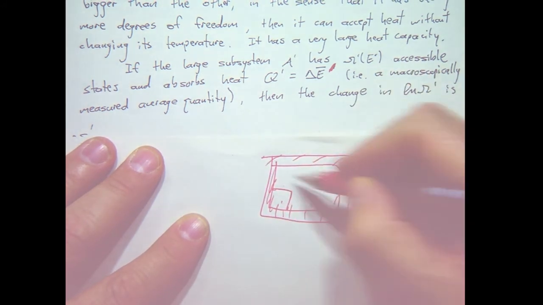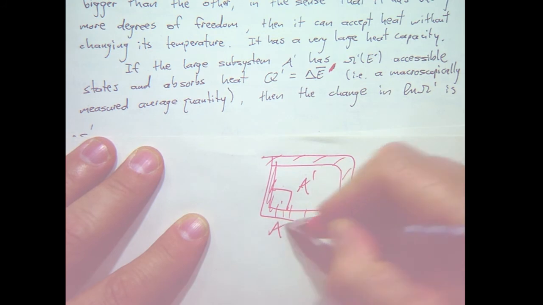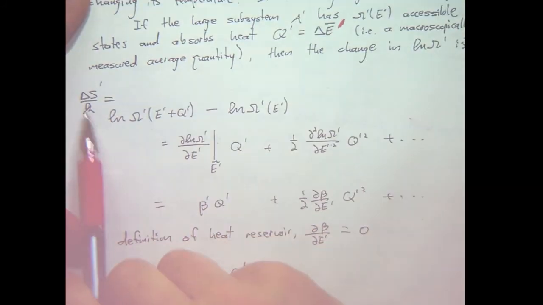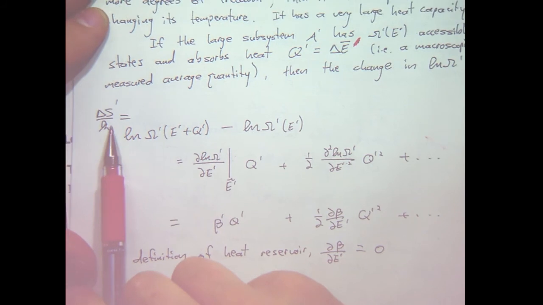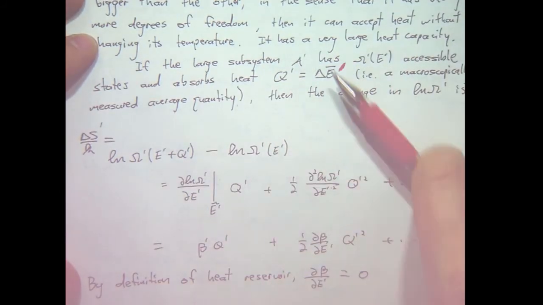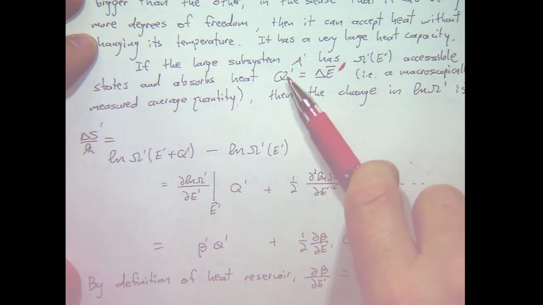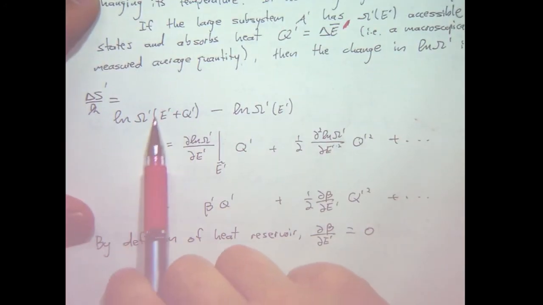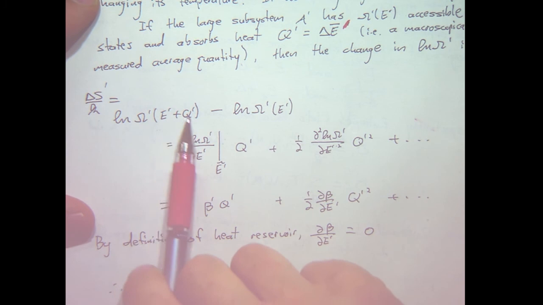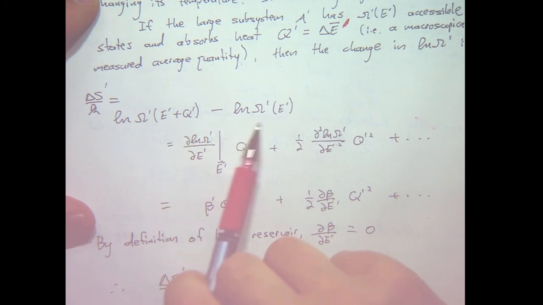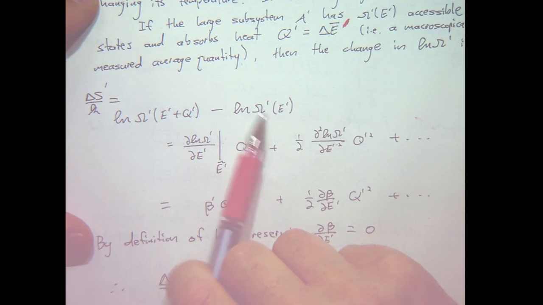We've got a small system. This is A prime, and there's A in there. So the change in dimensionless entropy when the large system absorbs heat Q prime is the log of the accessible states after it has absorbed heat Q prime, minus the original number of accessible states.